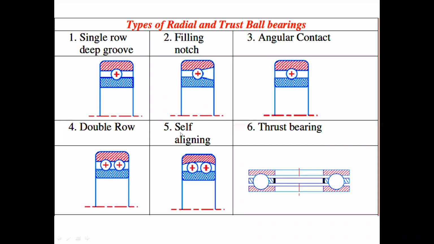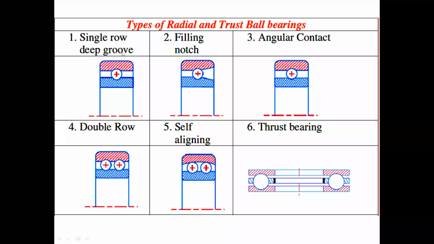Next one is self align. The name indicates the type of bearing. This type of bearing is used if there is a small offset. If there is a small offset, the self align bearing can be used. The next one is the thrust bearing. In the first five types, all these are radial bearings.